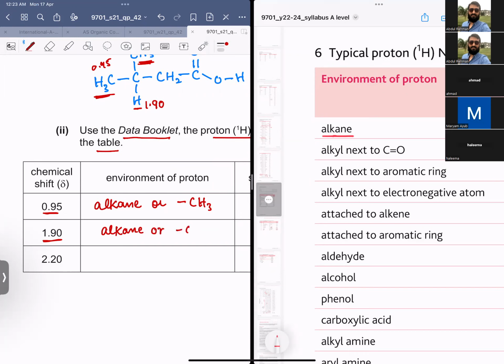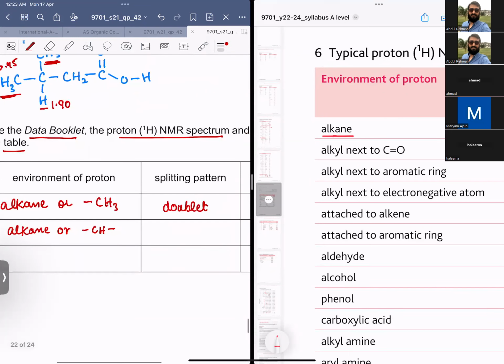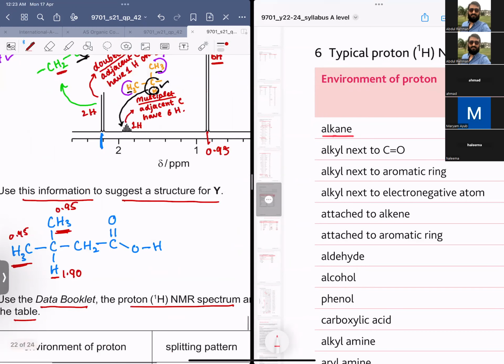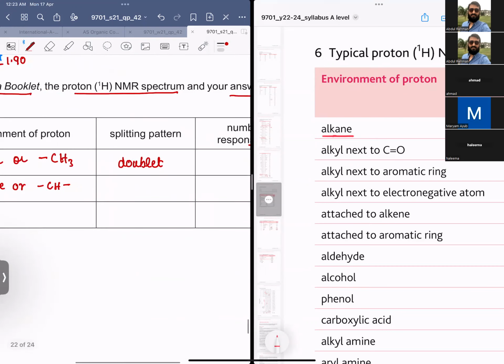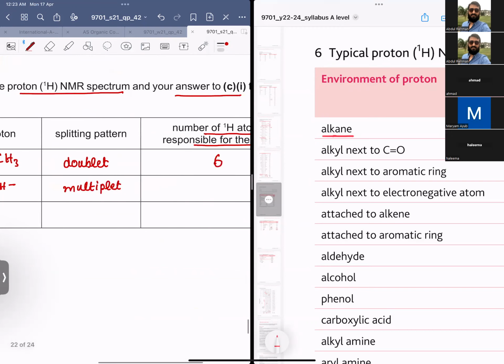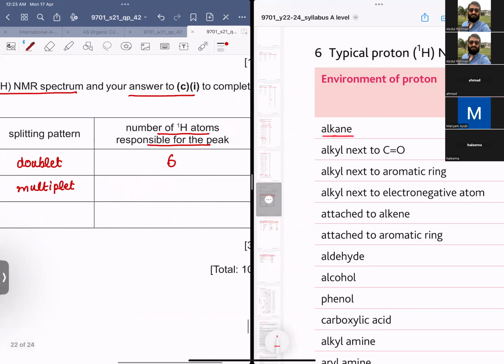And it is a CH, right? If you look at its splitting pattern at 1.9, we have decided it's a multiplet. So I would write over here a multiplet. And then the number of hydrogens responsible for this peak would be 1 only. Is it clear now?